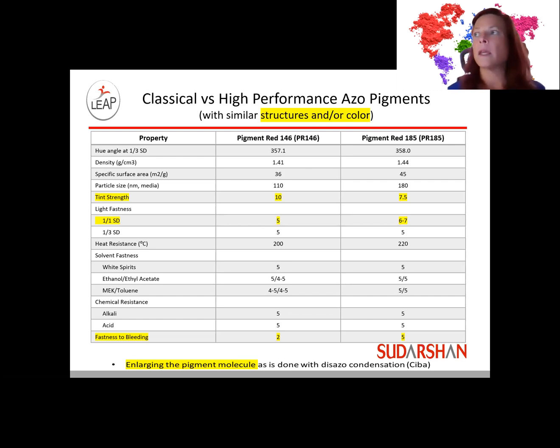In this case, the very large molecule in the case of the disazo condensation pigments, or the very low solubility, tight structure of the benzimidazolone, can impede the strength of the pigment versus an equivalently colored classical azo pigment.